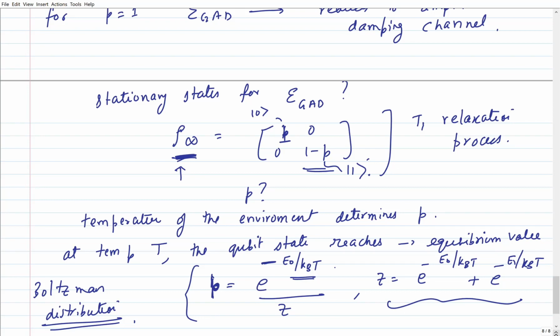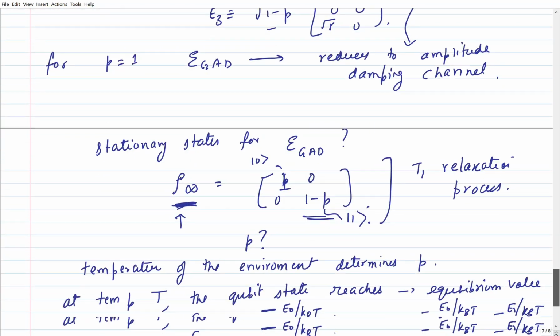So now the next question we can ask is, what happens to the amplitude damping? What does the amplitude damping do to the Bloch sphere?